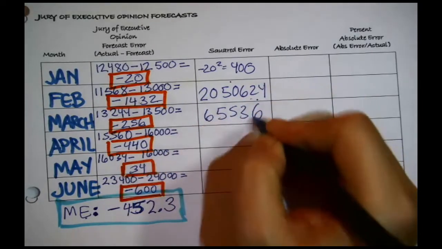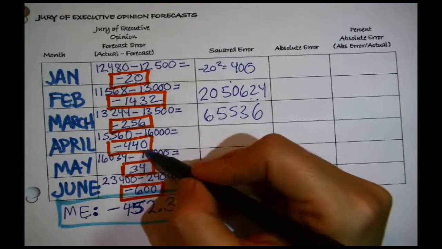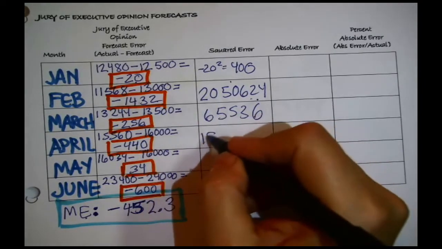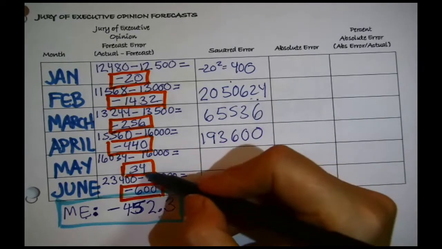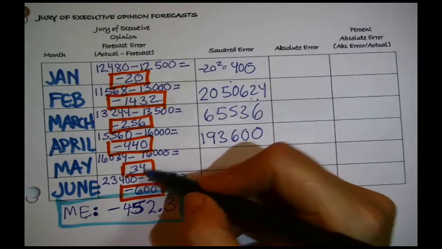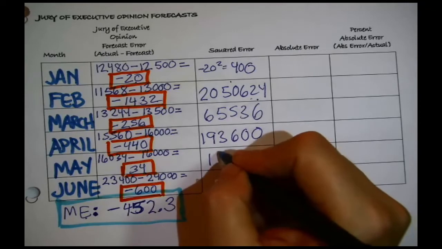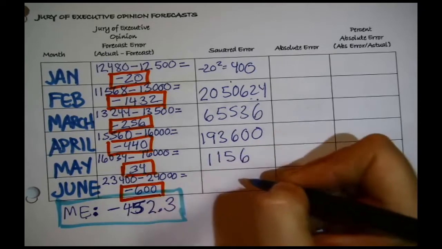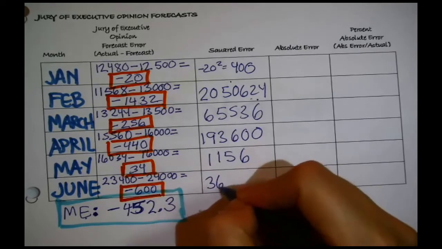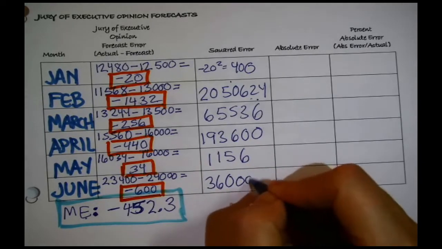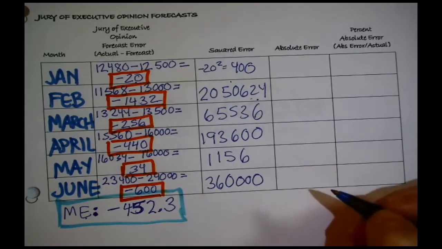Negative 440 squared, 193,600. Then 34 squared, 34 times 34, I get 1,156. And then finally negative 600 squared would be 360,000.